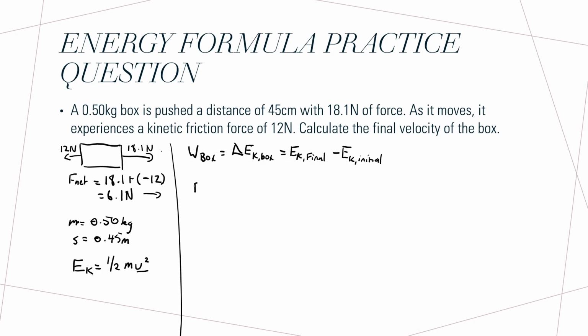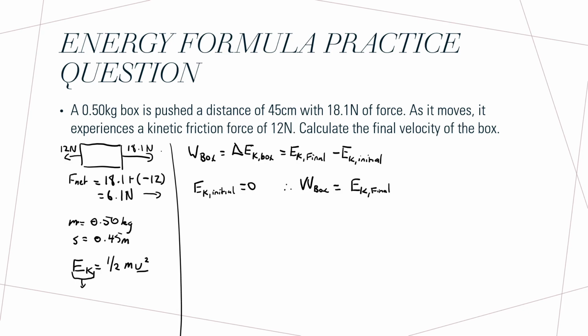Now, in the scenario that we have been given, the initial kinetic energy is equal to 0. And what that means is that the work on the box in this example is simply equal to the final kinetic energy.